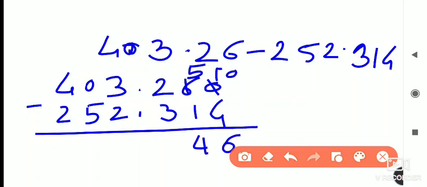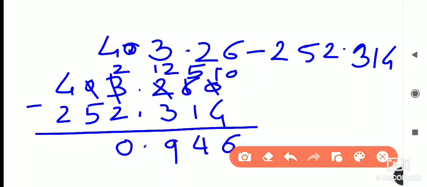Now the next: we can't subtract 3 from 2. So we have to write this 2 as it is first of all and borrow 1 from here. So here remains 2, and 12 minus 3 is equal to 9. Next 2 minus 2, point below point. Okay, point below point we have to give here, 2 minus 2 is 0.